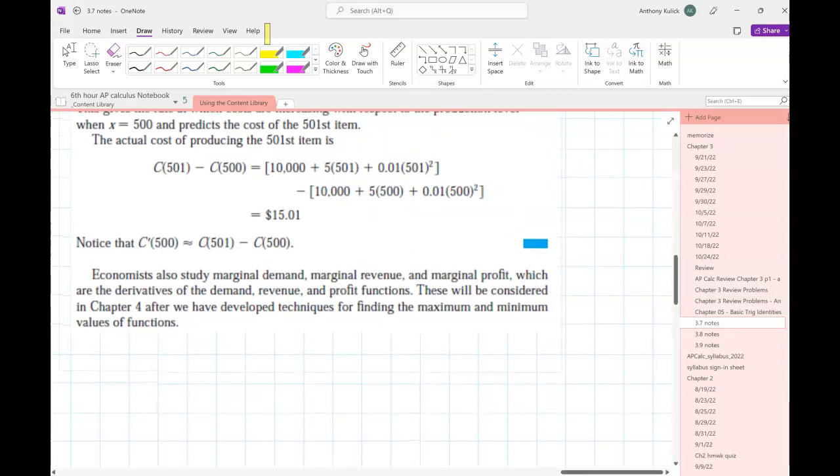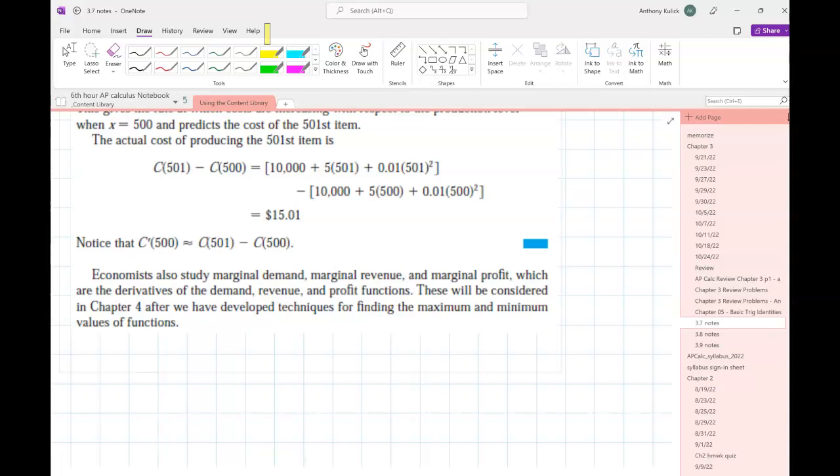Now, you can do these marginals with anything. You can study marginal demand or marginal revenue or marginal profit, which are just going to be the same idea. They're just the first derivatives of demand, profit, revenue, etc. And we'll do this again in chapter 4 when we talk about how to find maxes and mins for a function using calculus, because those will often be important from an economic standpoint, like how many items should I produce to maximize profit?